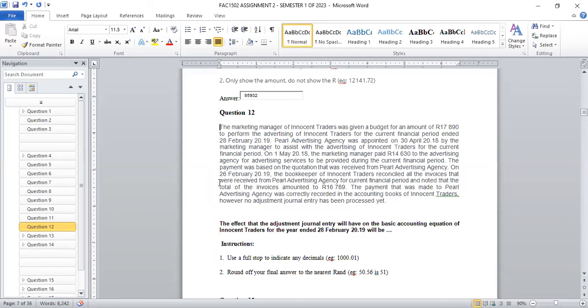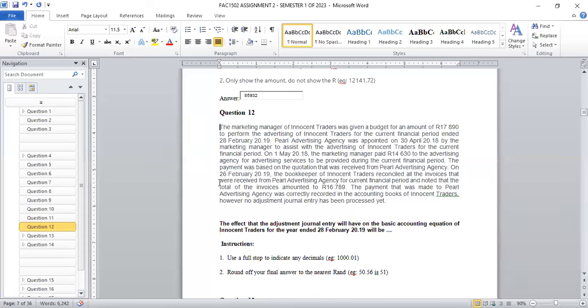Few advertising agents was appointed on 30 April by the marketing manager to assist with the advertising of Innocent Traders for the current financial period. On 1 May 2018, the marketing manager paid 14,630 to the advertising agents for advertising services to be provided during the current financial period. The payment was based on the quotation that was received from two advertising agents.